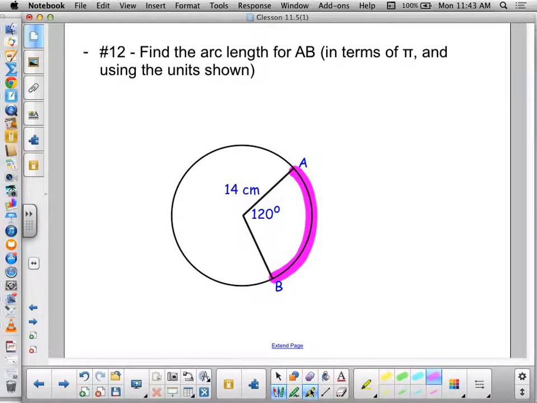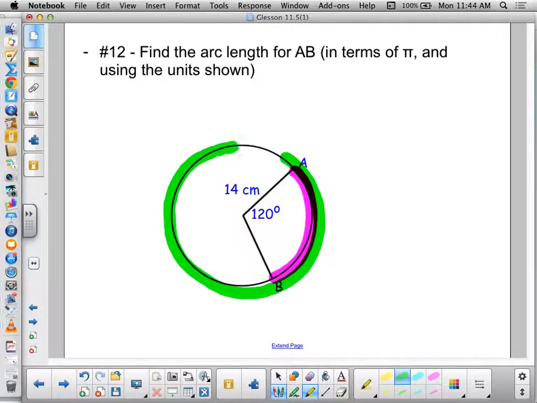And what we kind of figured out about that is the arc length is a portion of the entire circumference. That there's a relationship there. And when we related the arc length, which we abbreviated with an L, over the circumference, which was pi times diameter, we related that to the measure of the central angle versus the whole circle.